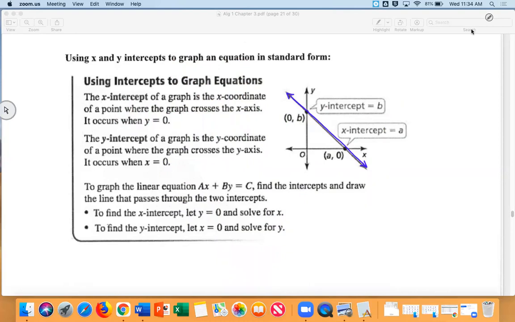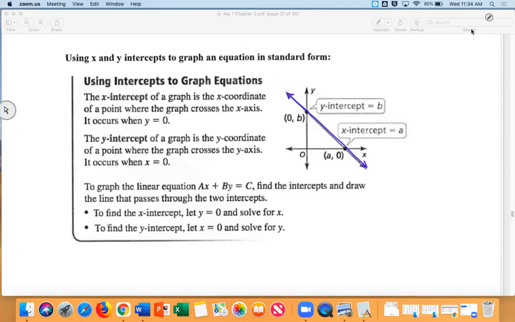So we need 2 points to make a line. Got that, Mike? Okay. So we have 2 points that we need to find. The 2 points we're going to use are our x-intercept and our y-intercept. Notice the x-intercept is the point where my blue line crosses my x-axis. That's the horizontal one. You guys all see that?